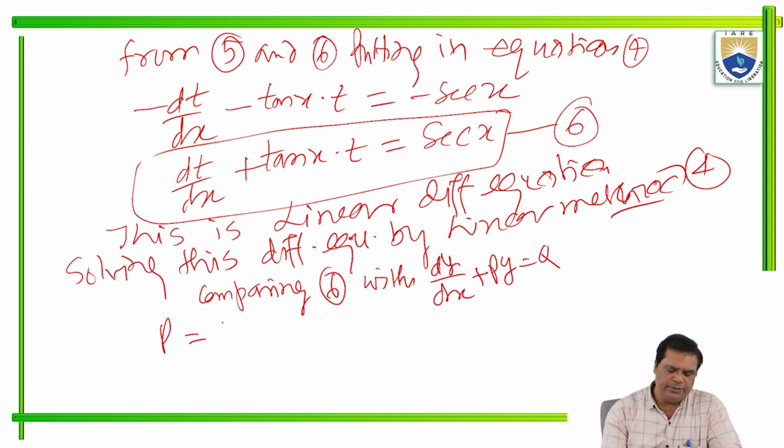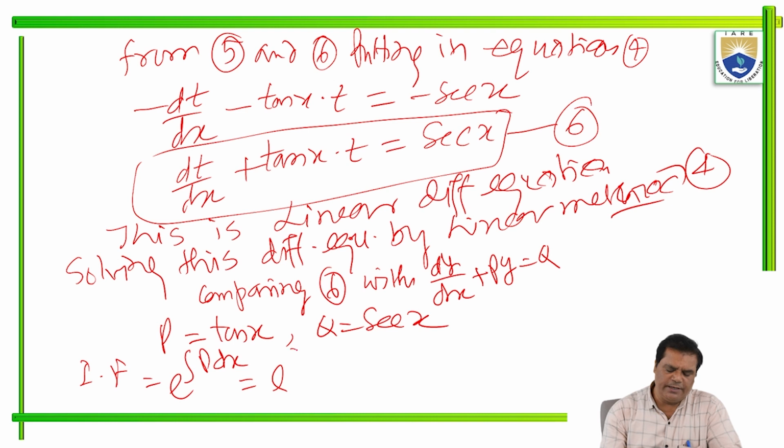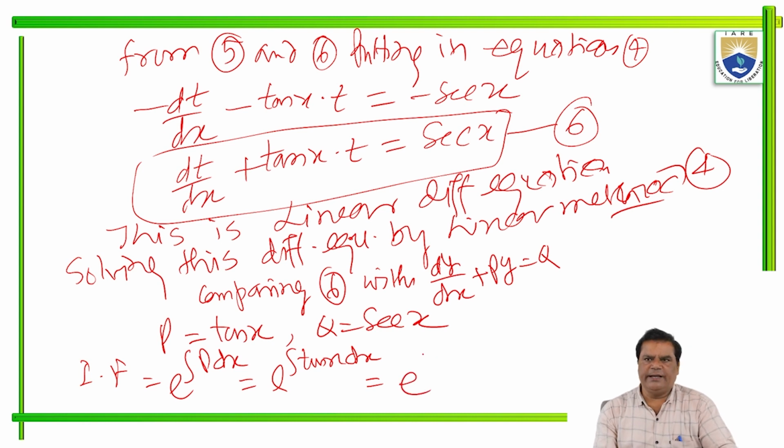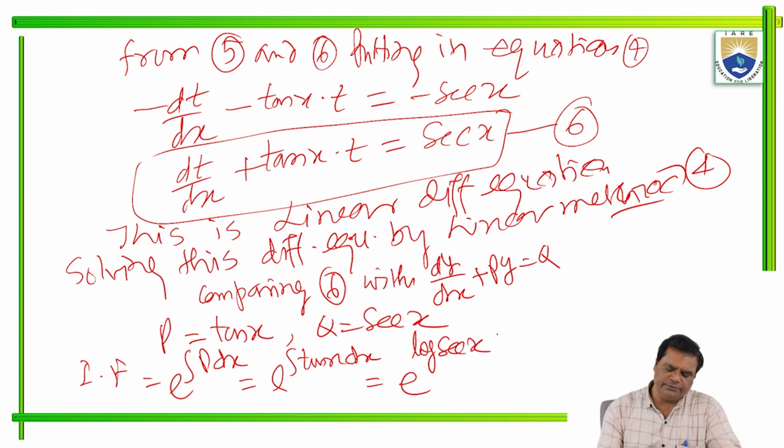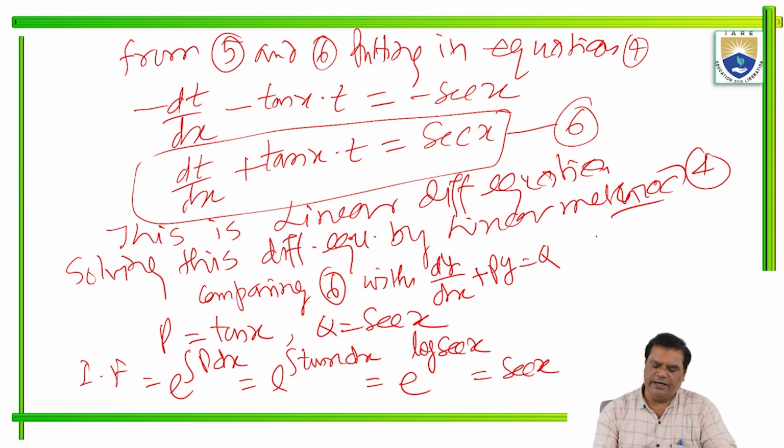Now p is tan x here and q is sec x here. IF is e to the power integrating p dx. So e to the power integral of tan x dx, e to the power log sec x. So IF is sec x.